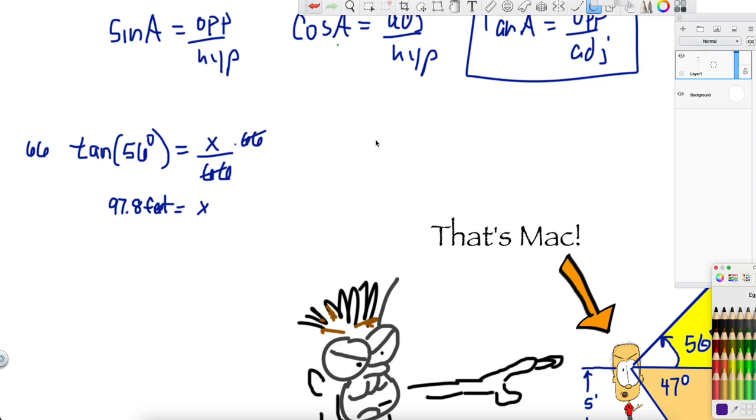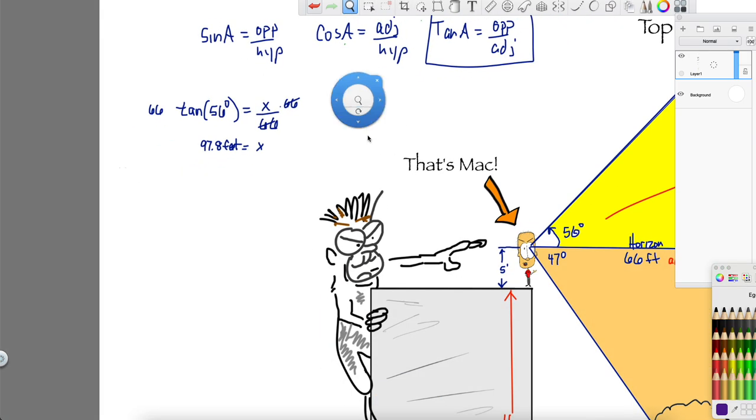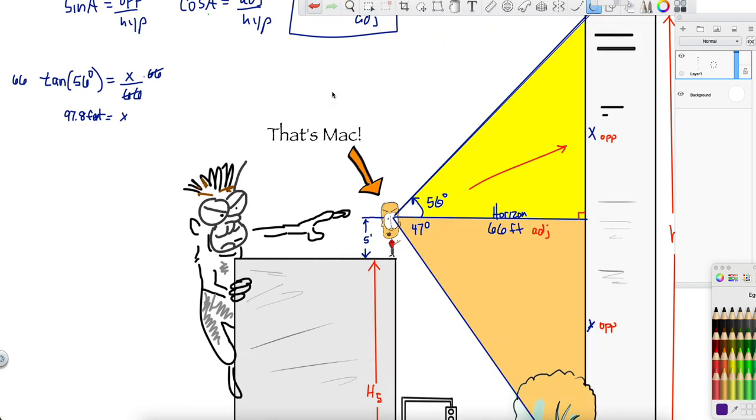Okay. The other equation here, we've got tangent of 47 degrees equals the opposite leg, which is y, over the adjacent, which is 66. And again, 66 is dividing.